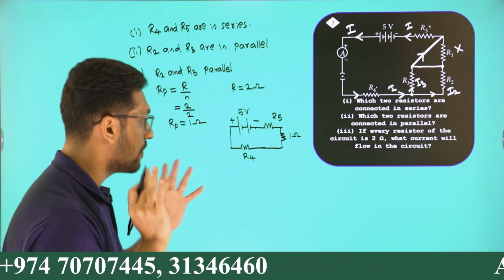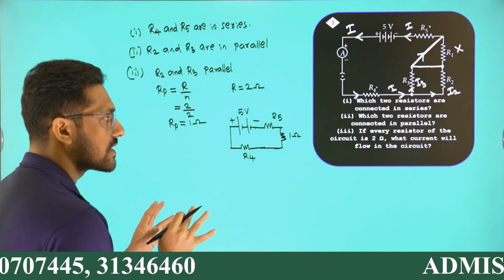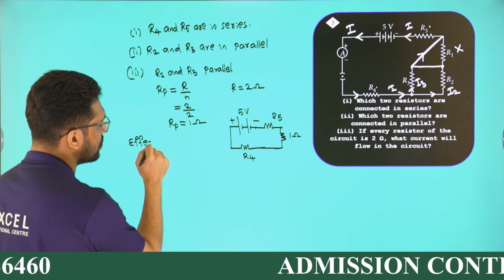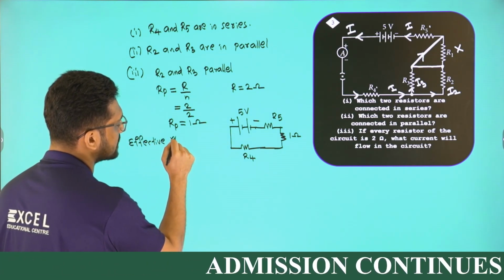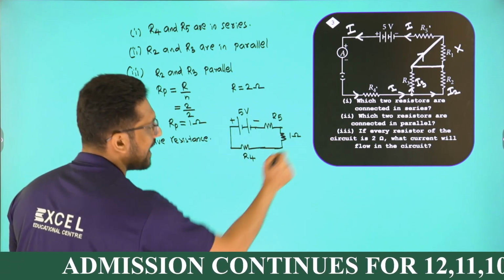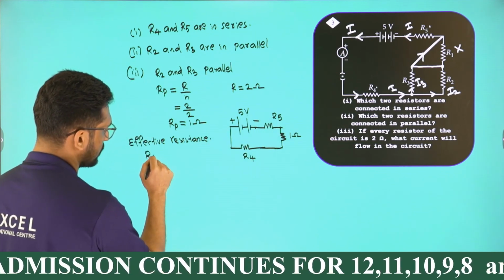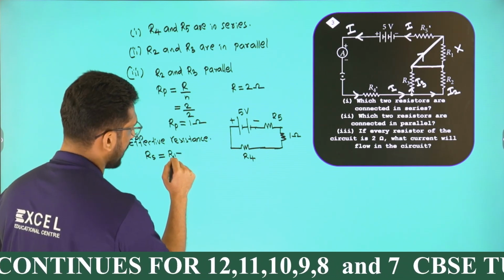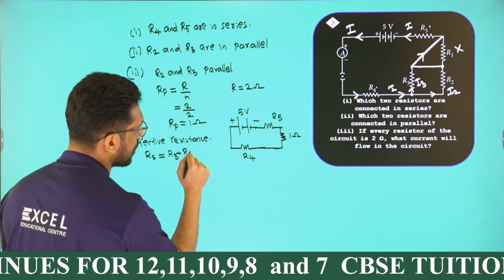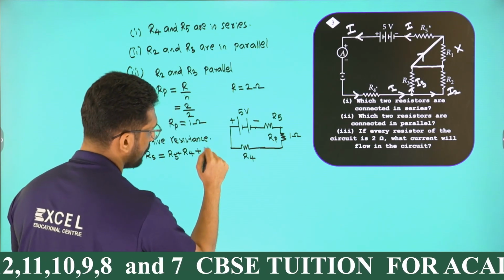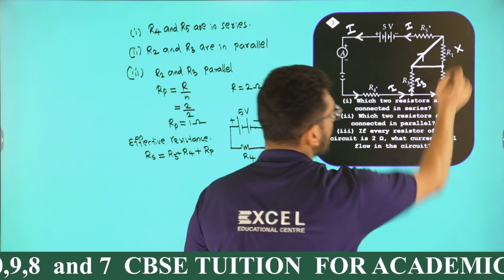RP is 1 ohm. Now what is the effective resistance? If you need current, you have to find the effective resistance. Look at that. They are in series. So what is RS? RS can be written as R5 plus R4 plus RP, the effective resistance of this combination.